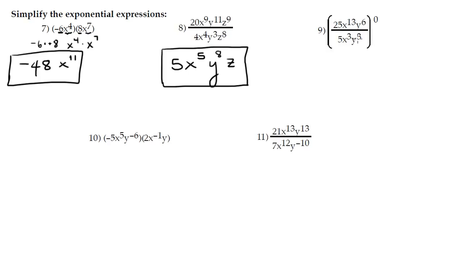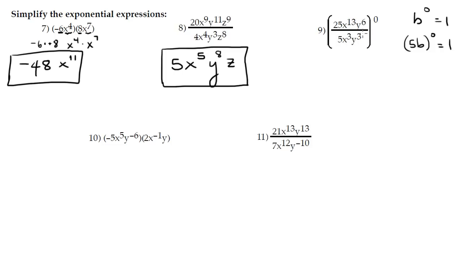So now I have a slightly different problem here. Now I'm raising this entire expression, everything in these parentheses here, to the 0 power. Now the property says any expression, any term raised to the 0 power is equal to 1. Even if I have 5b raised to the 0 power, it's still 1.